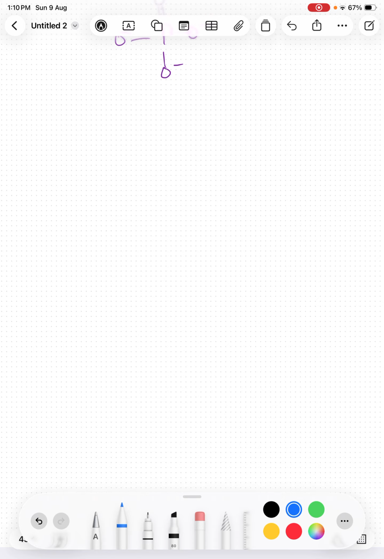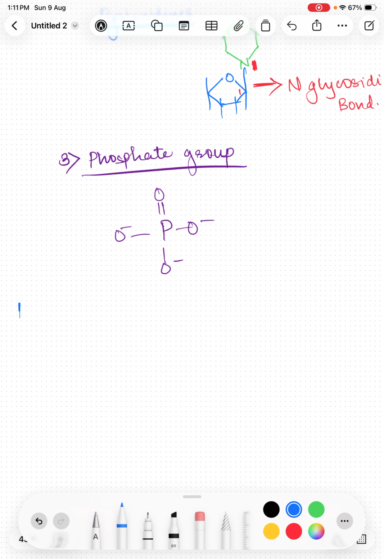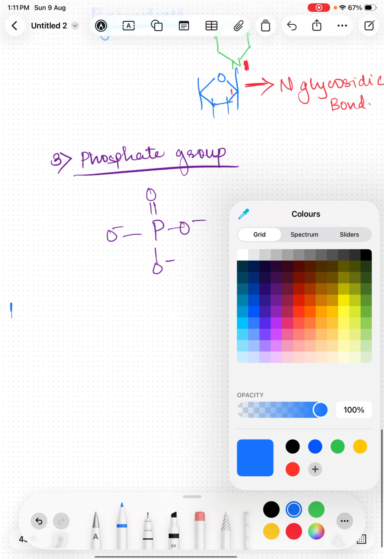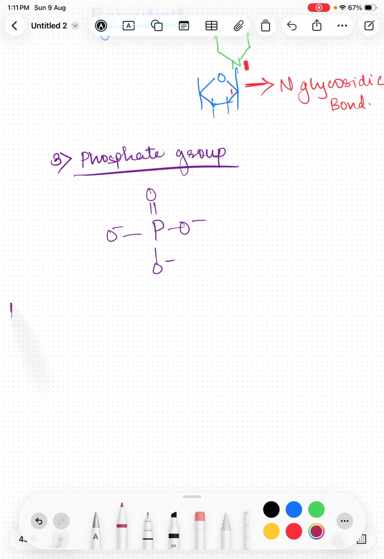Now see, this is your basic structure of nucleotide, or you can say this is the pre-existing nucleotide. We will give name phosphodiester bond synthesis.